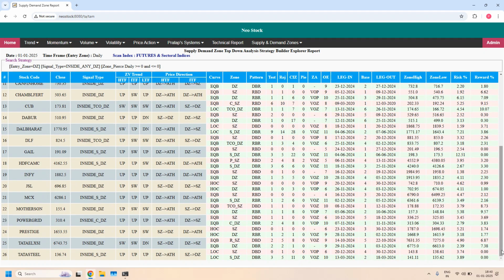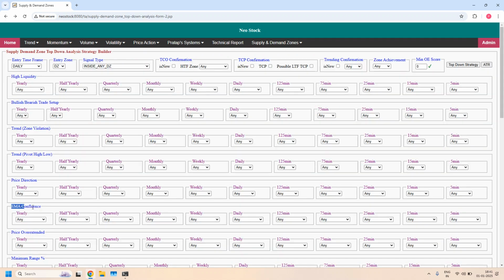We can further filter this list by adding the high probability parameter daily EMA confluence. How many of these daily demand zones are having daily EMA confluence? Let's add that filter. In the EMA confluence at daily time frame, I am setting the filter daily demand zone having daily EMA confluence. While using EMA confluence, the trend should not be sideways.